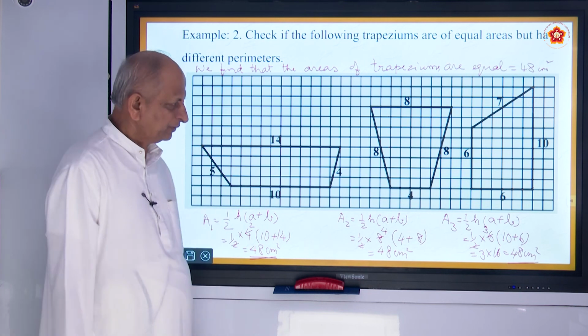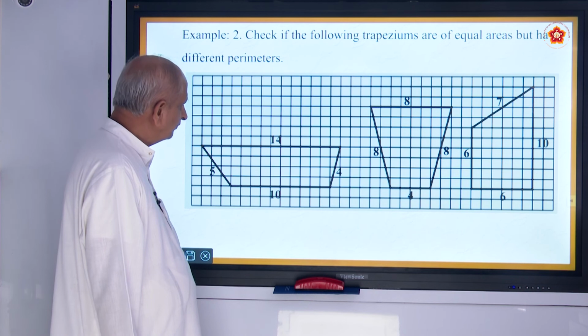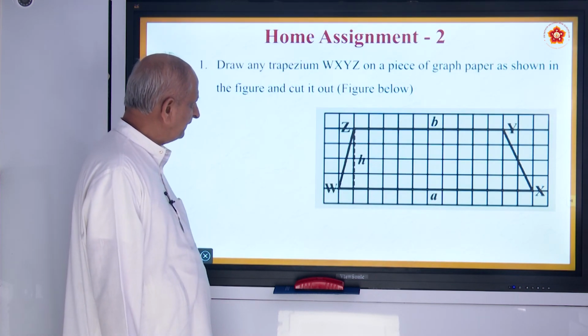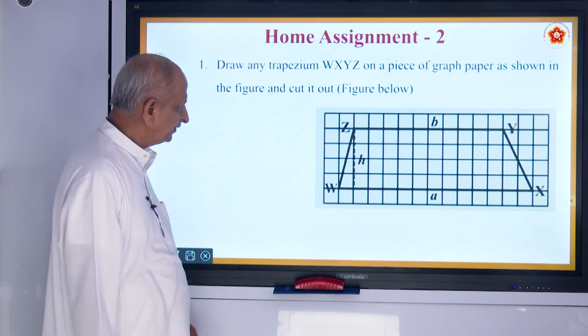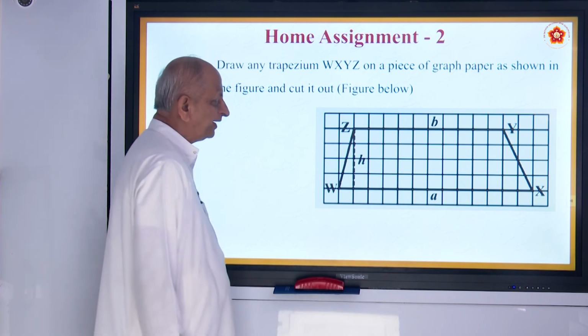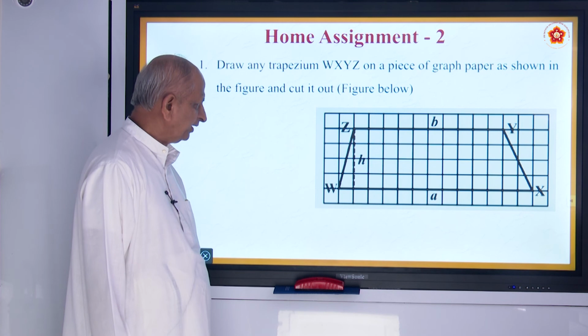Noted? Okay, we will see the home assignment. First question, draw any trapezium WXYZ on a piece of graph paper as shown in the figure, and cut it out.